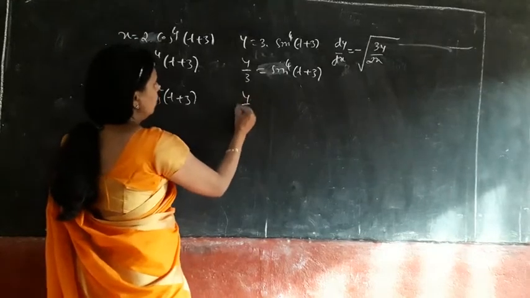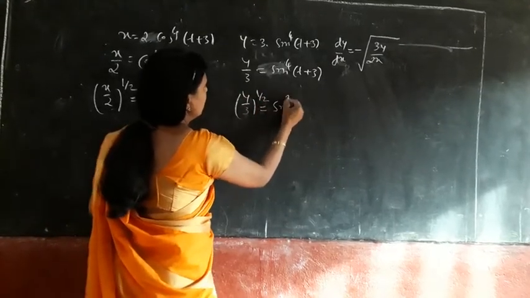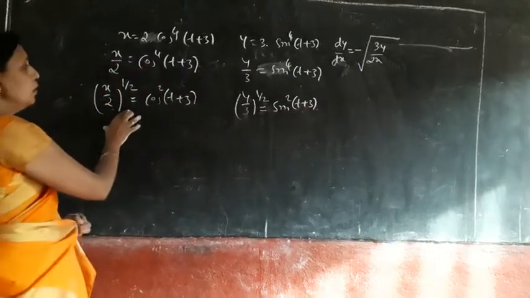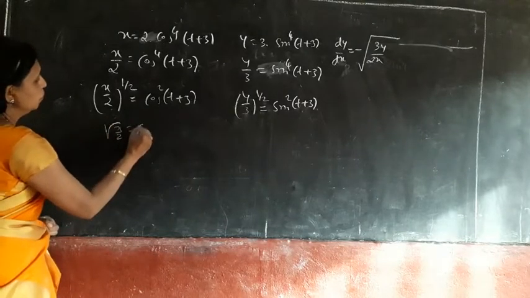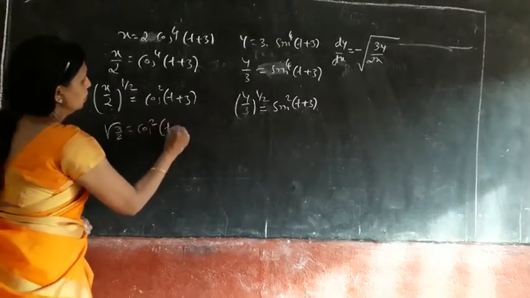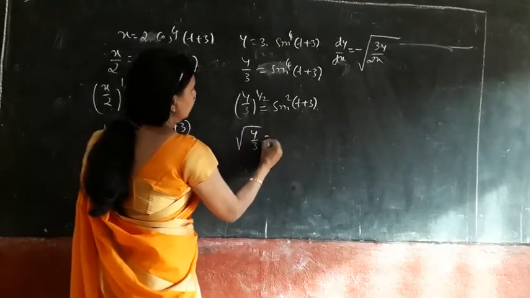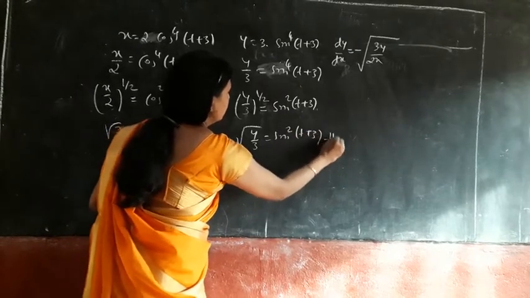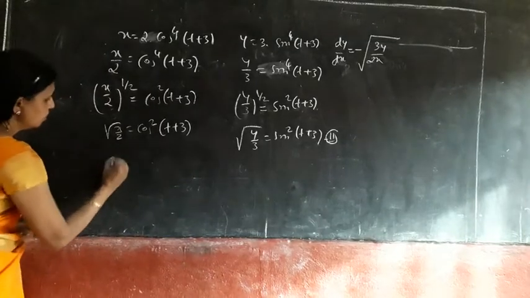Here also (y upon 3) raised to 1 upon 2 becomes sin square t plus 3. Now we can write this as root of x upon 2 equal to cos square t plus 3, root of y upon 3 equal to sin square t plus 3, equation second. Adding equation first and second, LHS plus LHS.